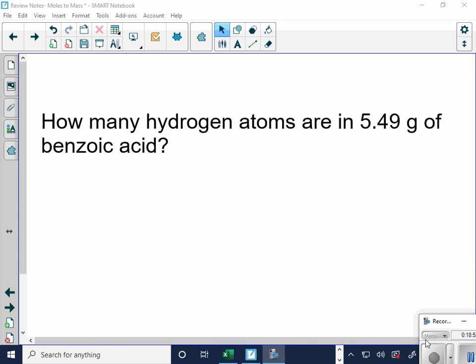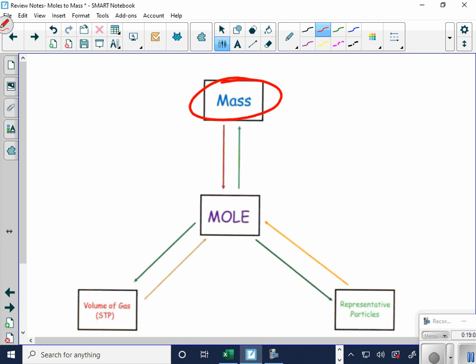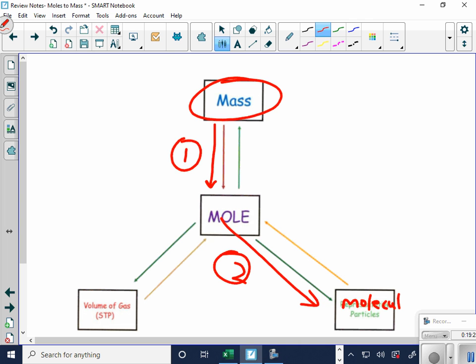So I'm going to set a little bit of a roadmap here of what I'm doing. I'm starting right here with a mass. I have a mass of benzoic acid. So I'm going to, number 1, convert mass to moles. Number 2, I'm going to go from moles to molecules, because remember we label acids with molecules.